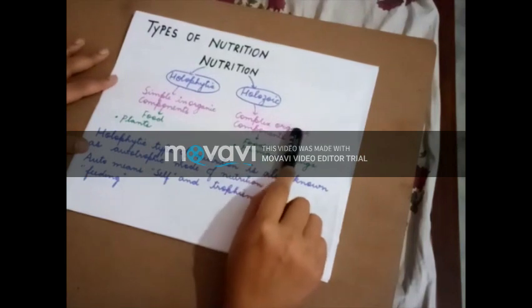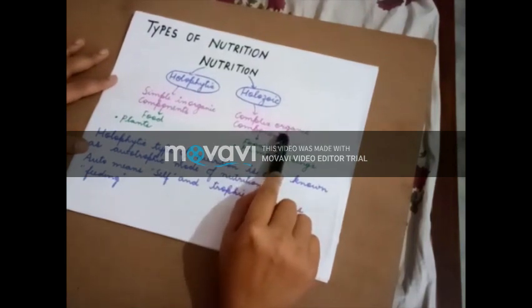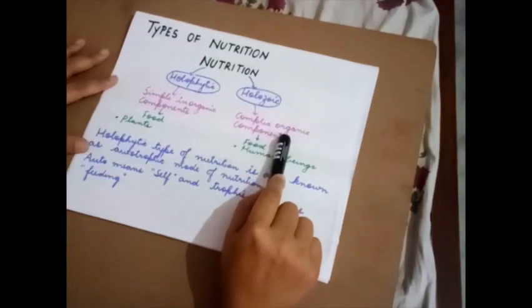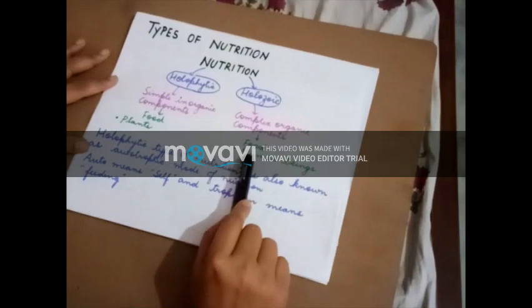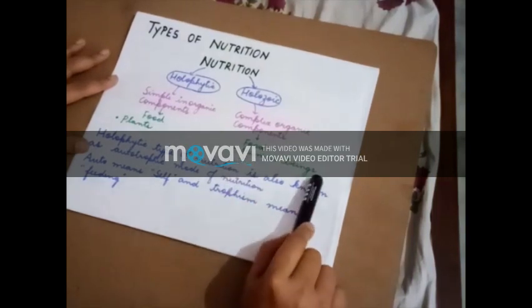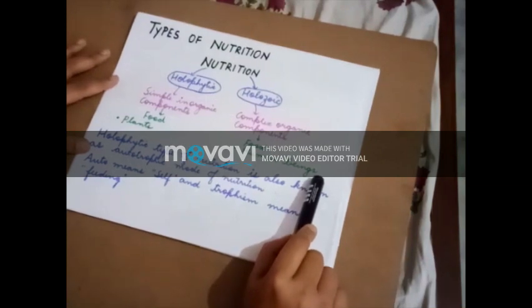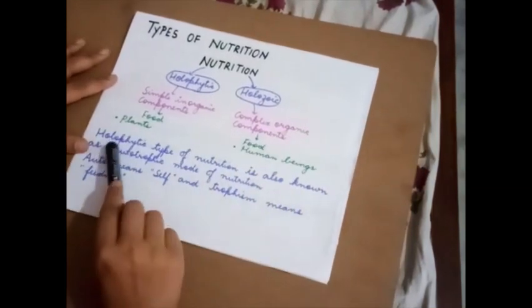These complex organic components obtained from the plant and animal sources are broken down, and once broken down they are absorbed, which is known as assimilation, and finally they get used up. An example for holozoic nutrition is human beings. We exhibit the holozoic mode of nutrition.